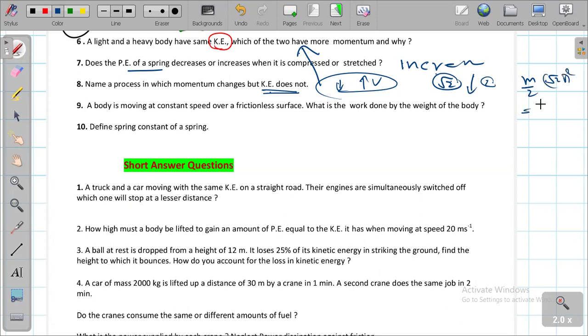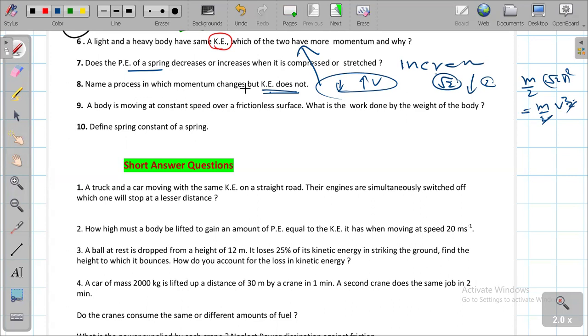So M over 2 and V squared becomes 2V squared, so the factors cancel off. You have to mention a situation where mass is reduced by 2 while velocity is increased by root 2.